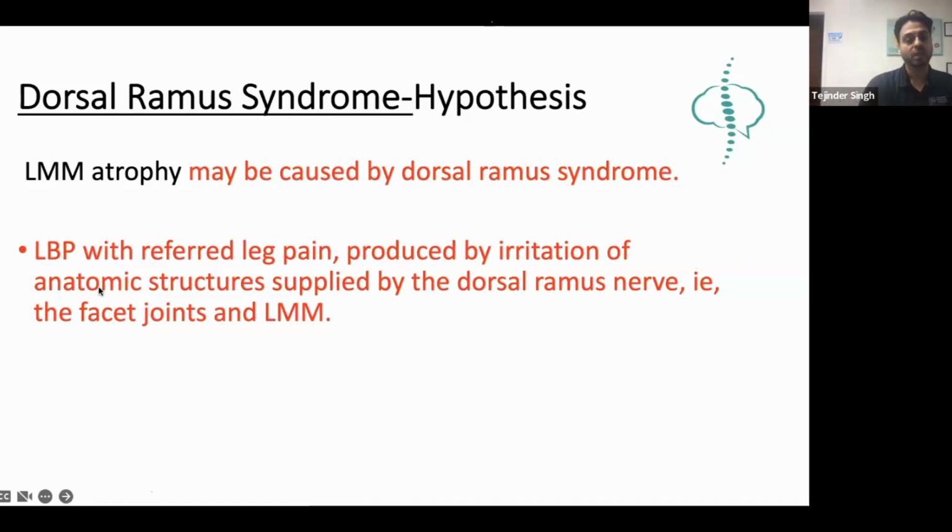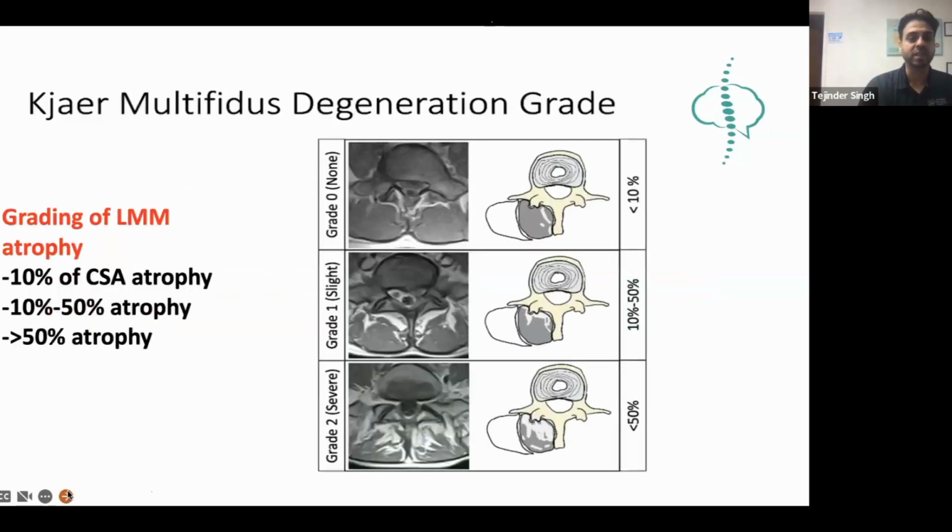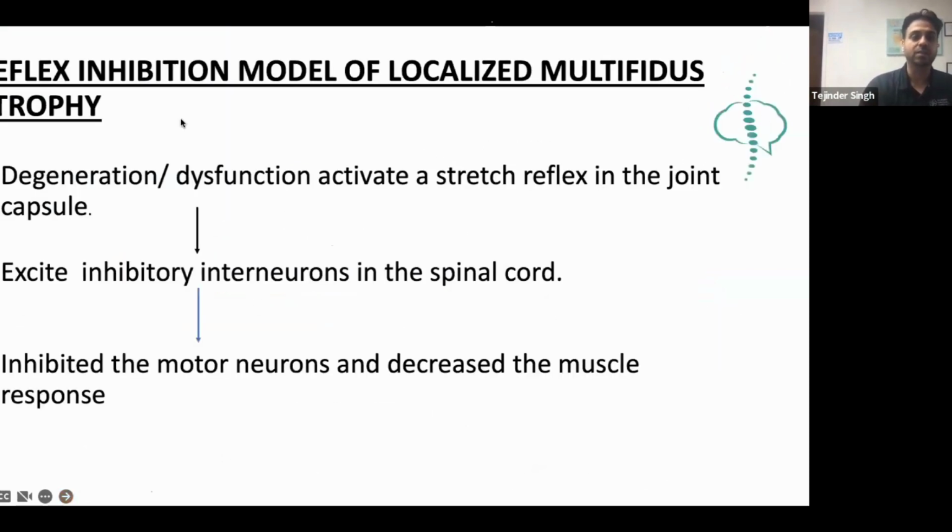If this theory was not convincing, there was another theory, I think it comes from Kaiser. This theory calls for something called reflex inhibition.